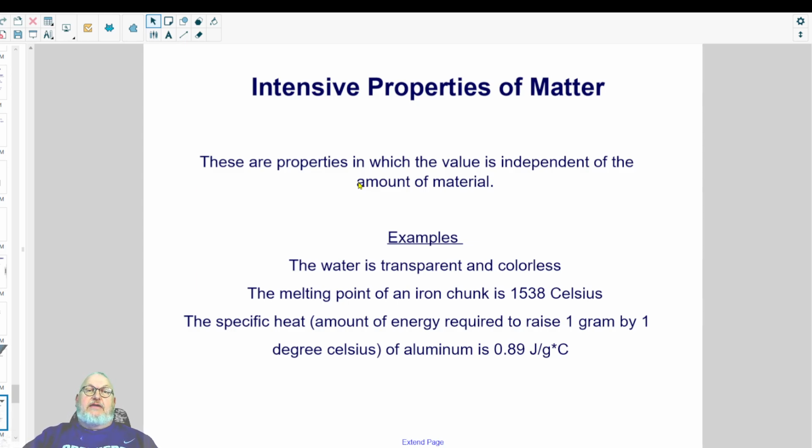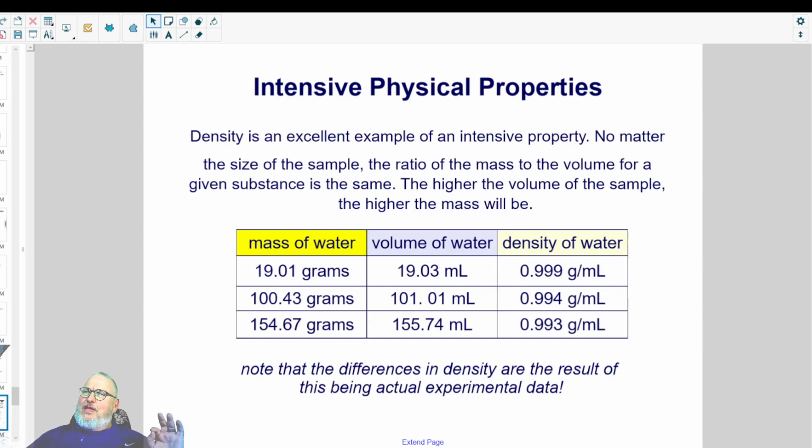The amount of heat could change depending on how many grams I have. All right. But the amount of heat for 1 gram for 1 degree C does not change. Those are intensive.